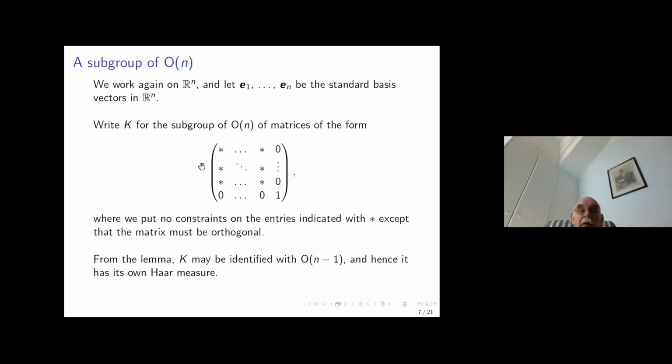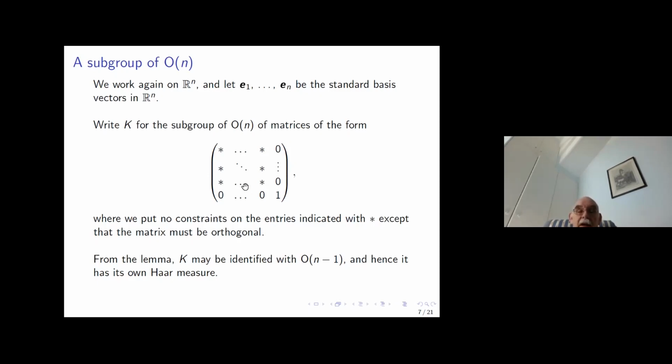And I know the matrices in K are like this. So when I act on the variable by a matrix of this form, the value of the function doesn't change. Now, when I act with matrices like this, if I take the components except for the last component, I can move them around however I want.